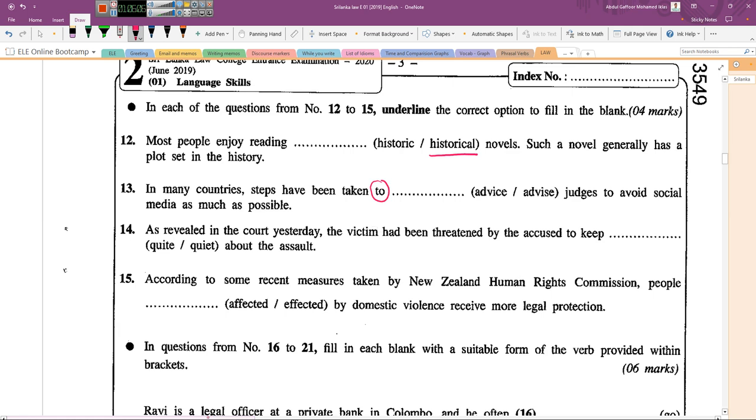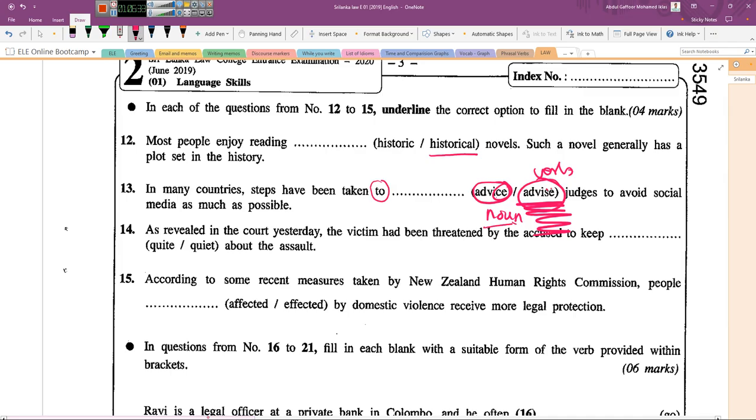So advice with a C is a noun, but advise with an S is a verb. So the answer would be this. Advice, ADVICE, is a noun, advise, with an S, is a verb. So in many countries steps have been taken to advise judges to avoid social media as much as possible.